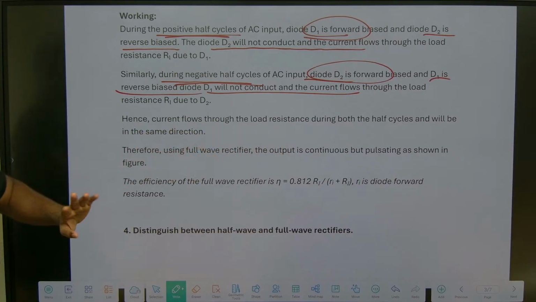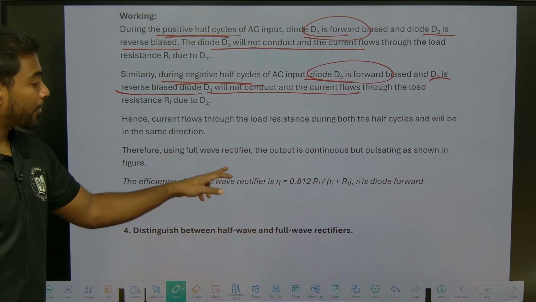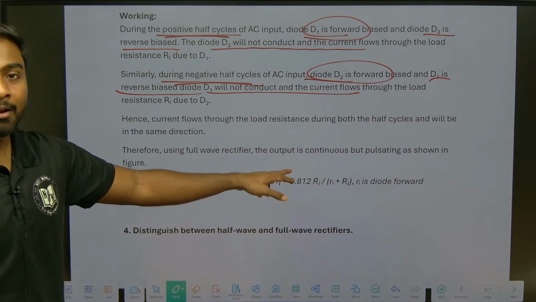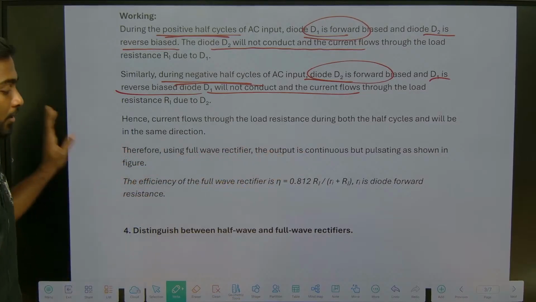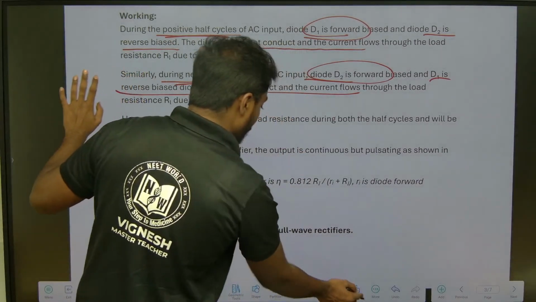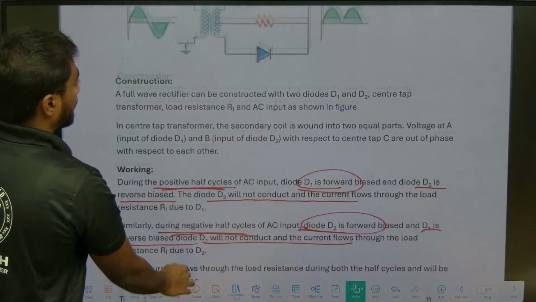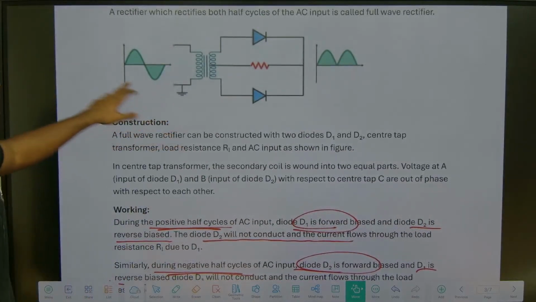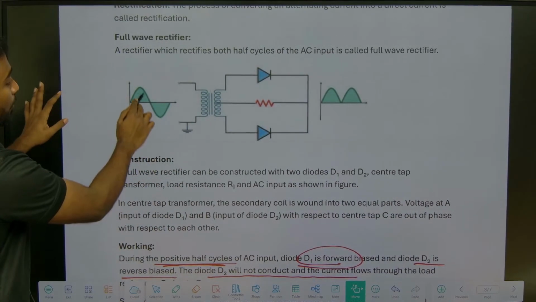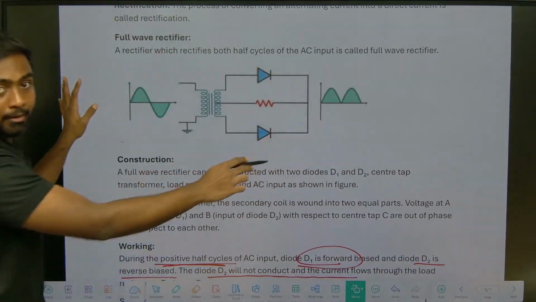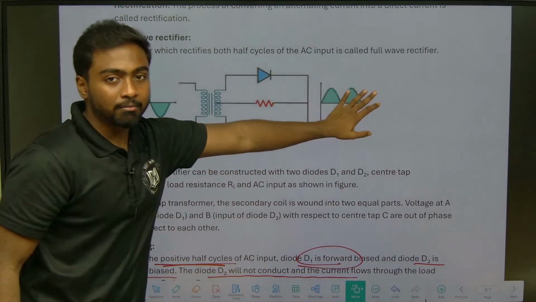Hence the current flow through the load resistance during both half cycles will be in the same direction. Therefore using a full wave rectifier, the output is continuous but fluctuating as shown in the given figure. If you see here, the positive half cycle gives a positive output, and the negative half cycle also gives positive output.